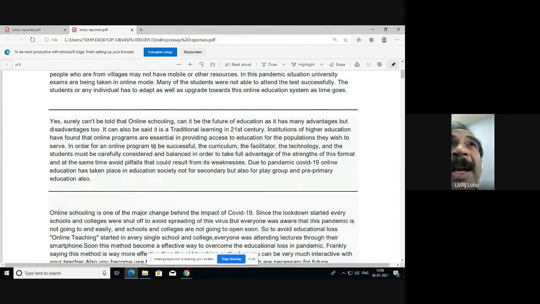In order for an online program to be successful, the stakeholders, including the facilitators of the curriculum and technology, including the students, must be carefully considered and balanced in order to take full advantage of the technology which is supporting. So this way you will form new sentences. "Due to the pandemic COVID-19, online education has taken place in education society, not for secondary, but also for playgroup and the primary education."